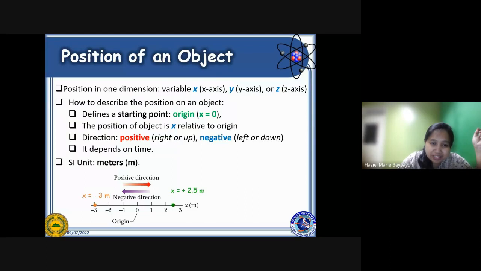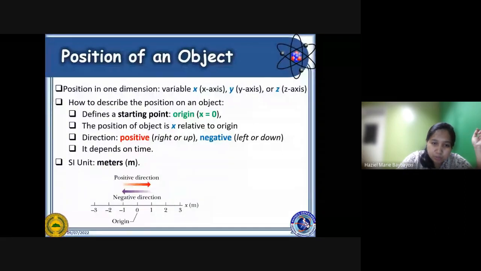Okay, so for example, this green particle is located here. Its position with respect to the origin is equal to positive 2.5 meters.